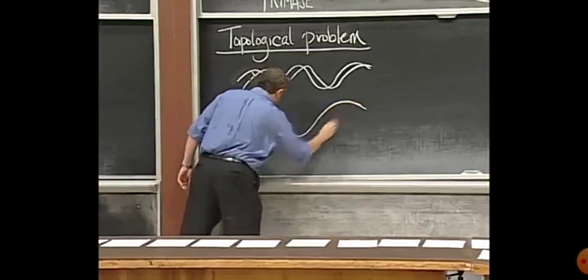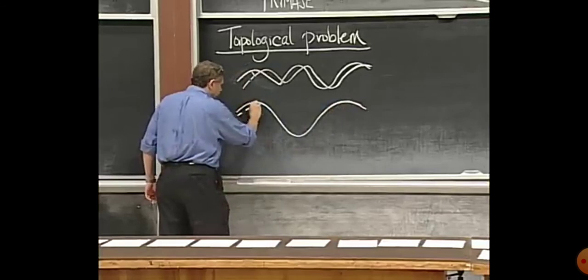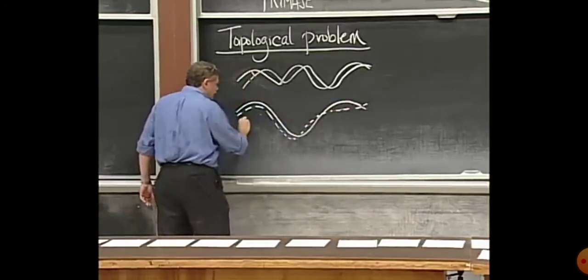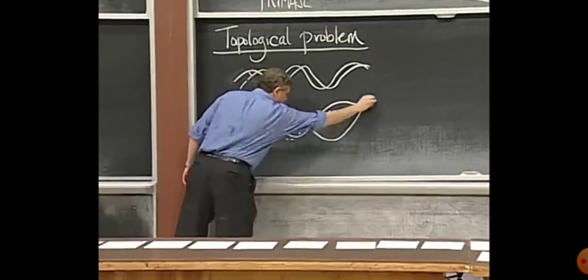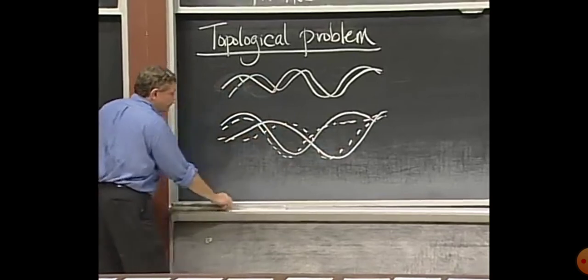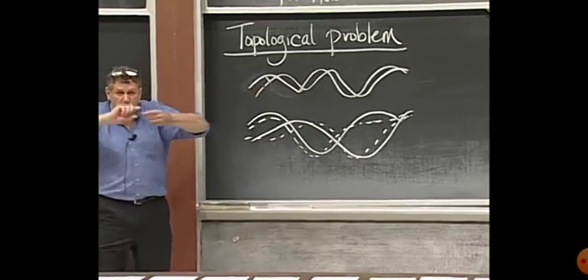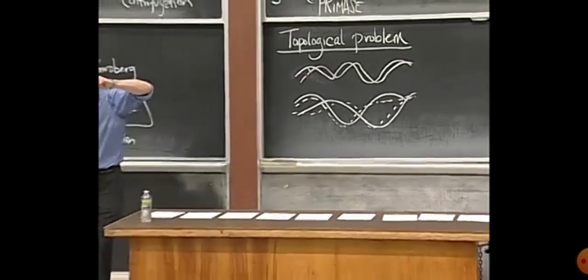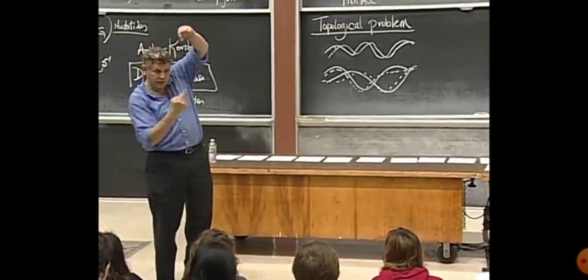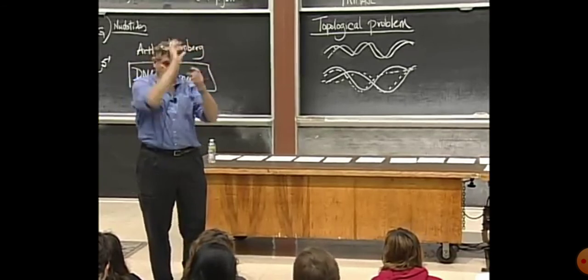So I have one strand, and I'm copying it. I have this other strand, and I'm copying it. And remember, these two strands are wrapped around and around and around each other, right? One is going like this, one's going like that, and they're just wrapped around.